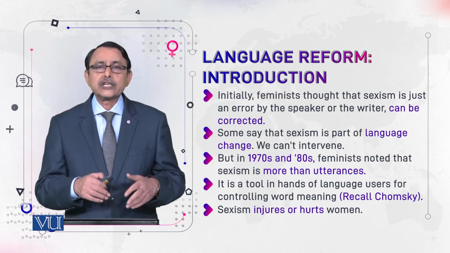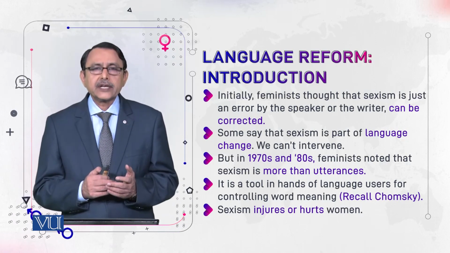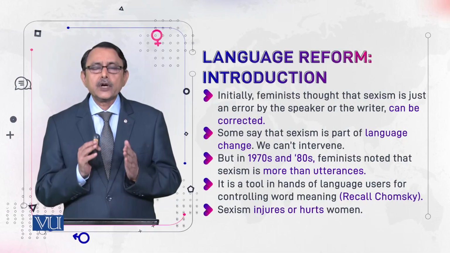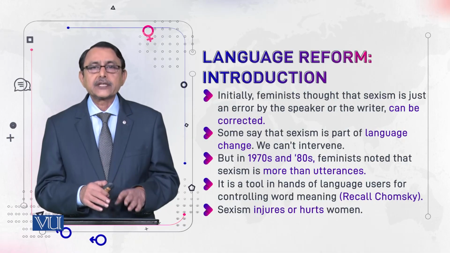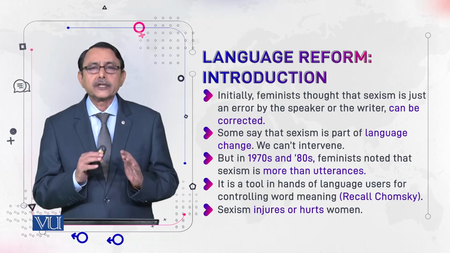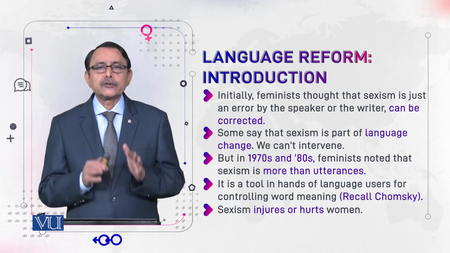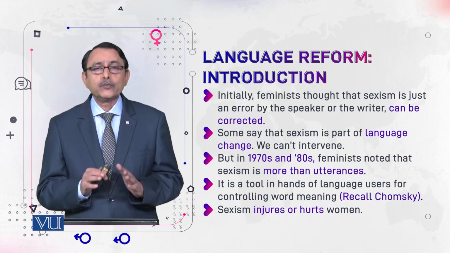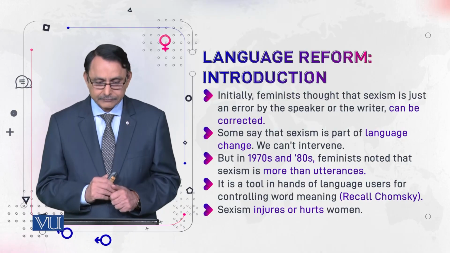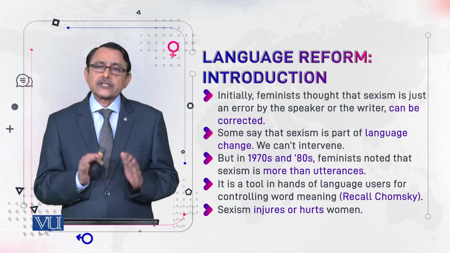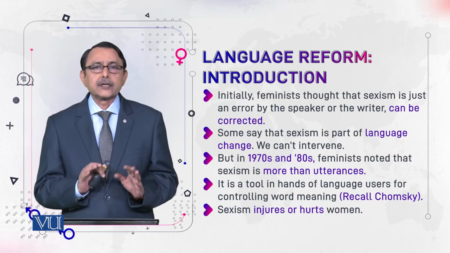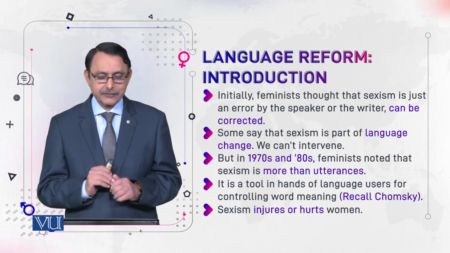So he then generalized it. He said that actually states, governments, cultures want to define things according to their own point of view. So the same is done through language reform. This is one point of view.